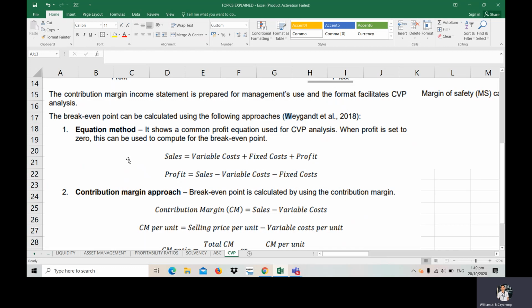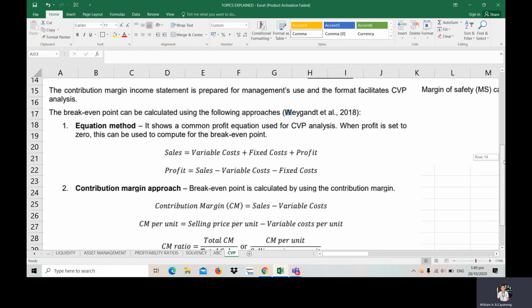According to this formula, sales is equal to variable cost plus fixed cost plus profit. While if you are going to compute for the profit, it is equal to sales less variable cost less fixed cost.